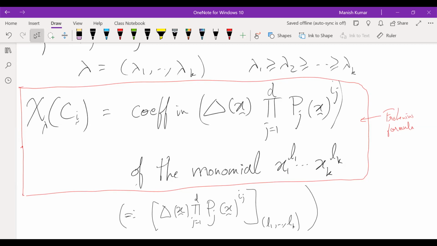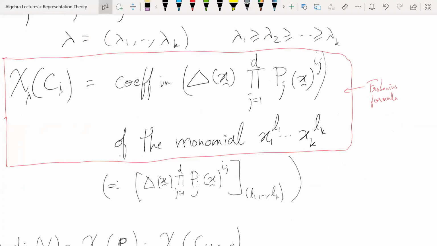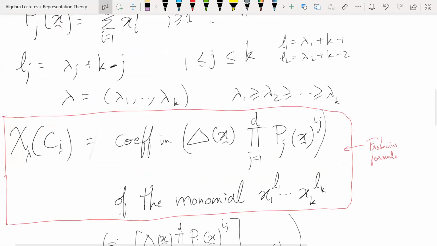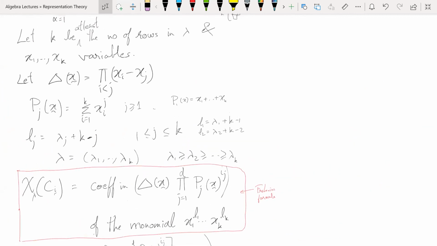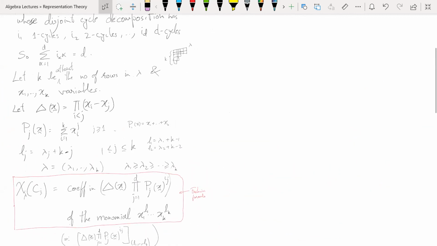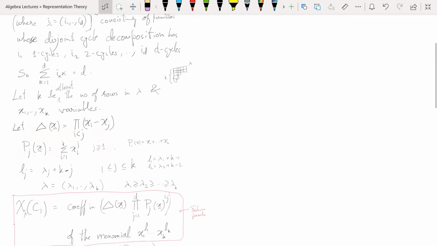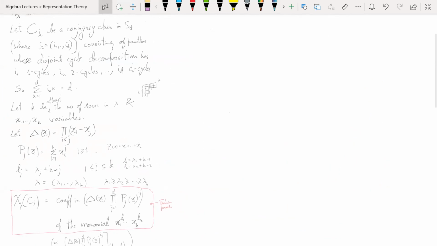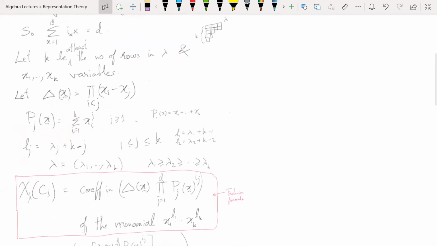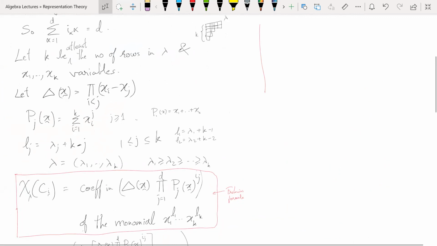So maybe we'll work out one example to see that one can compute these things, at least in a smaller case. Not this lambda, and maybe d also we'll take small. So we'll do it in a familiar way.